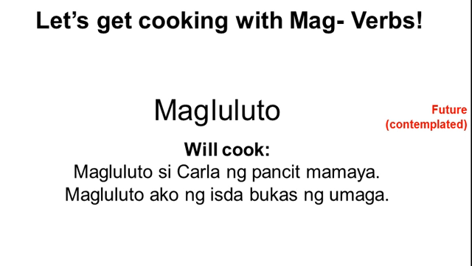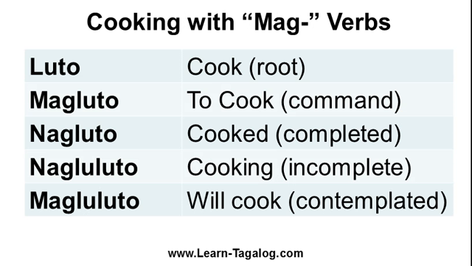Okay. That's future tense. Looking at all of these together, we have luto, which is the root. Magluto, which is the first one that came in, that means to cook, or it can also be a command or a suggestion to do something. Nagluto, cooked.